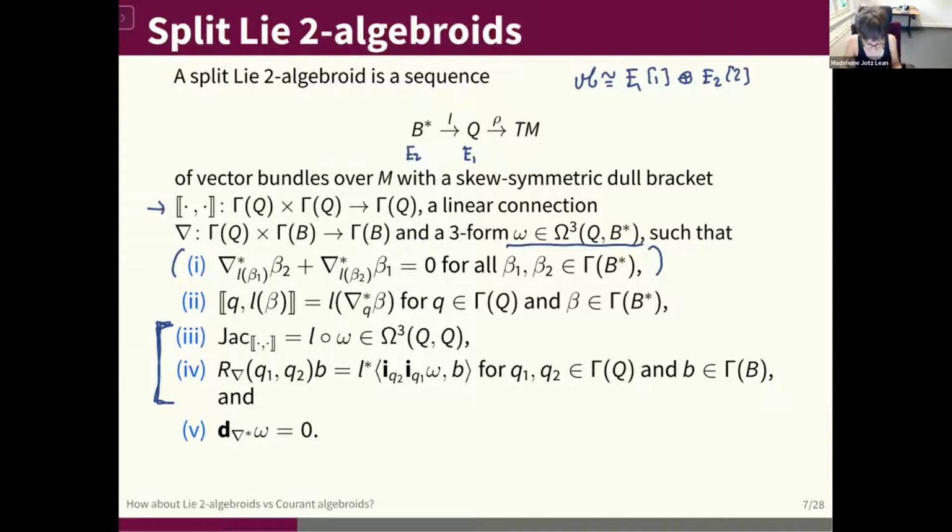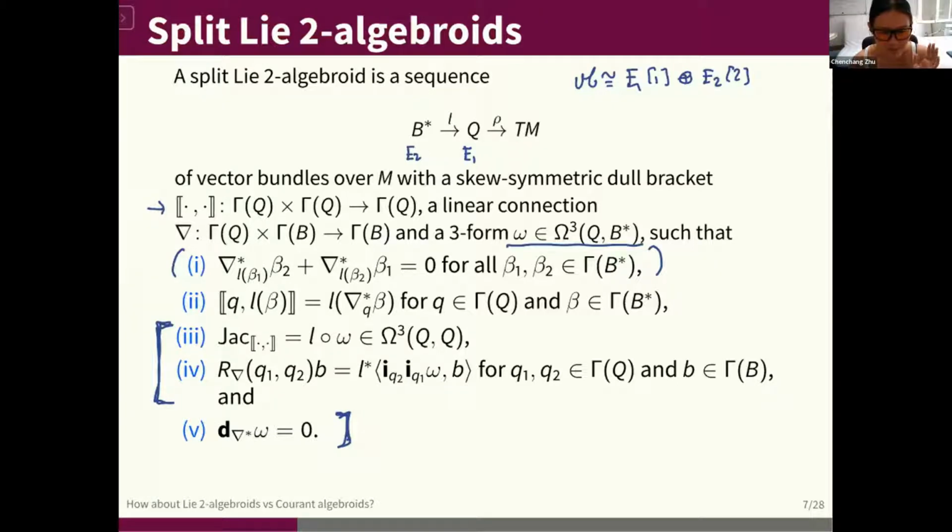What we can remember the structure as is some space that wants to be a Lie algebroid but is not, because Jacobi is not satisfied, with a connection which is not flat, and the failure of those two things to be integrable is measured by a form which itself is invariant along the connection. So in a sense, we have a Lie algebroid with flat connection, but up to some homotopy, right? And that's a split Lie-2 algebroid.